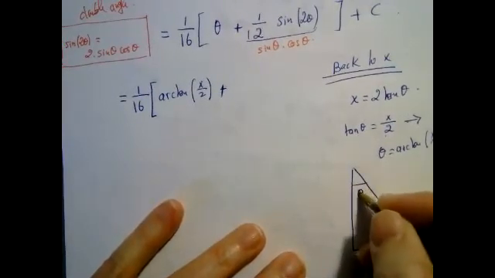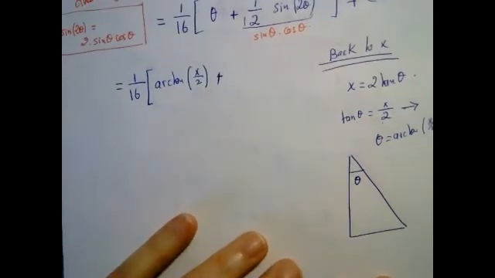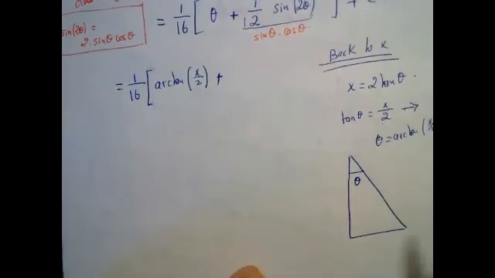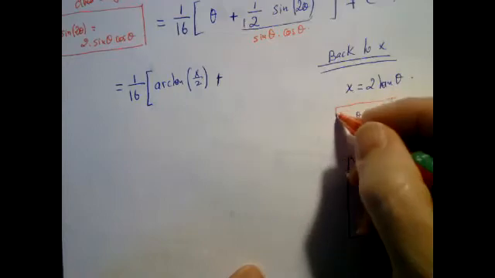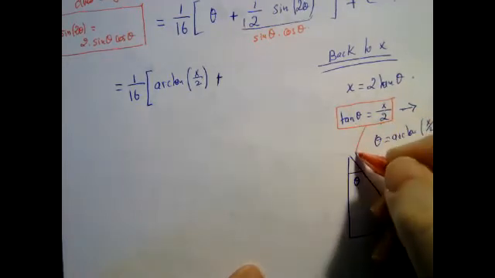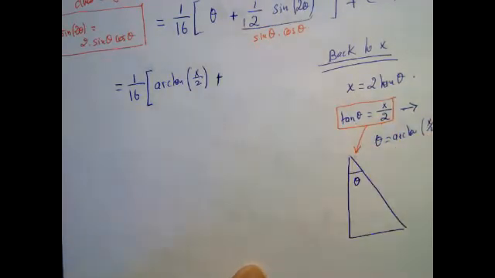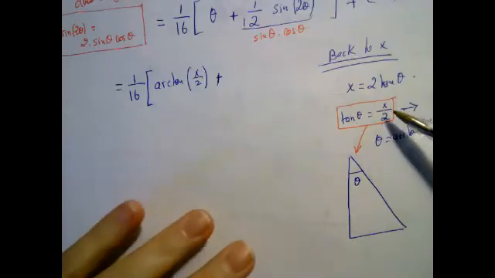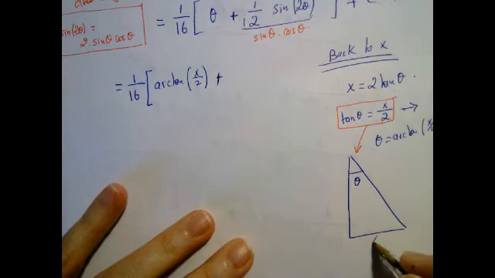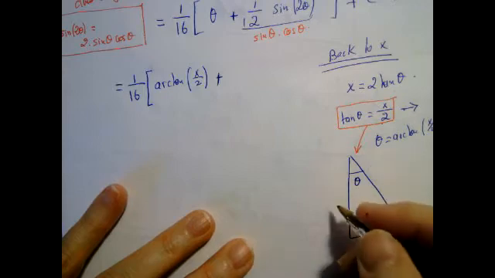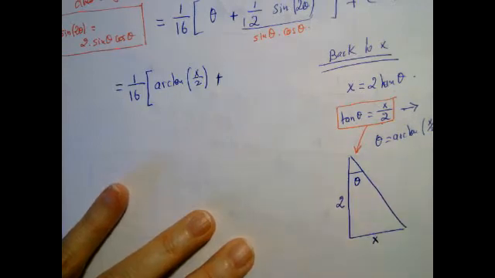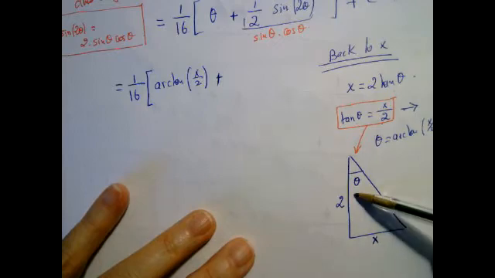This is my theta, and I'm going to label it so that tangent theta equal to x over 2 is reflected here. I'm going to label the opposite side x and the adjacent side 2. Now the tangent is x over 2.